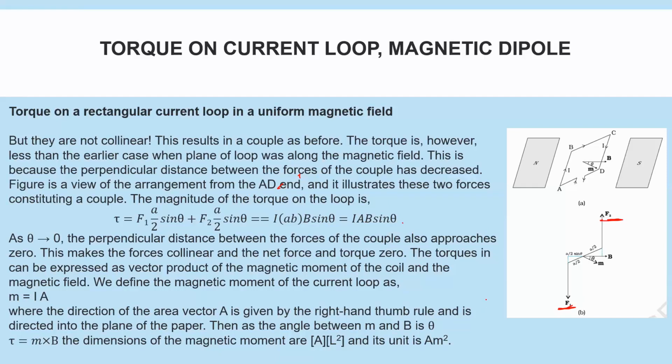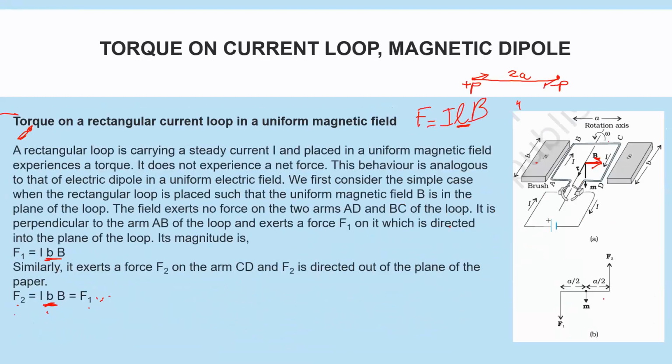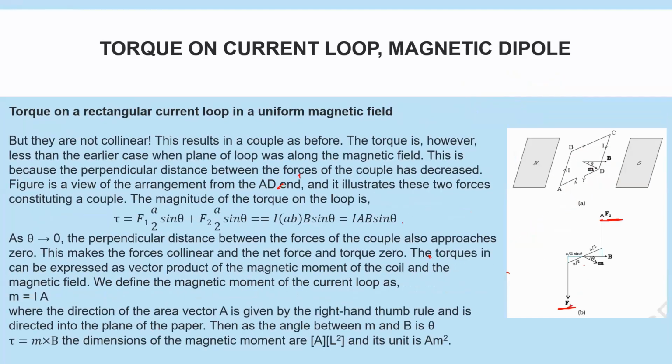The perpendicular distance between the forces of the couple has decreased. Over here the length is a, and the perpendicular distance between the forces looks larger than what we see over here. That is why the torque in this situation is less than the torque in the previous situation.